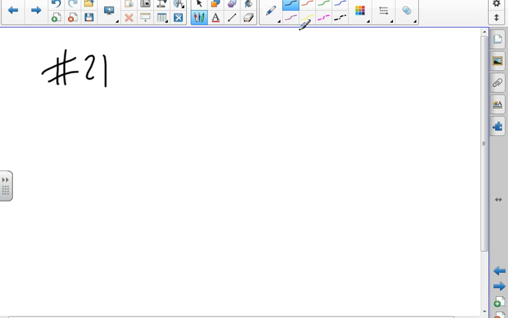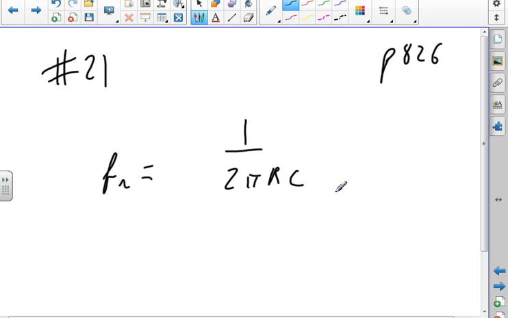I see it. Page 826. And I see that the frequency is going to be 1 over 2 pi RC, as long as R1 is equal to R2 and C1 is equal to C2.